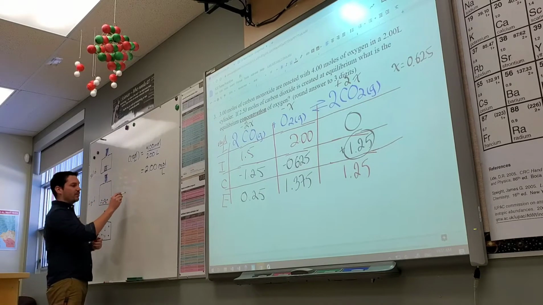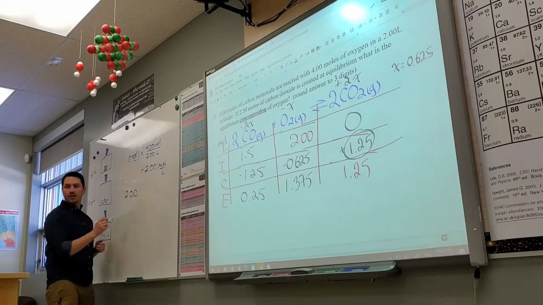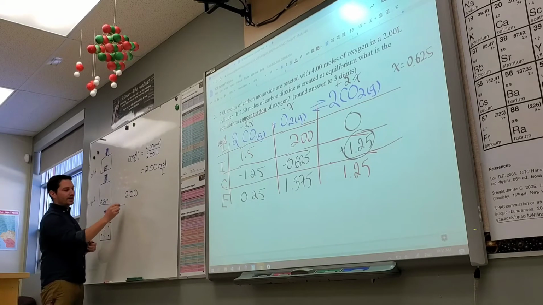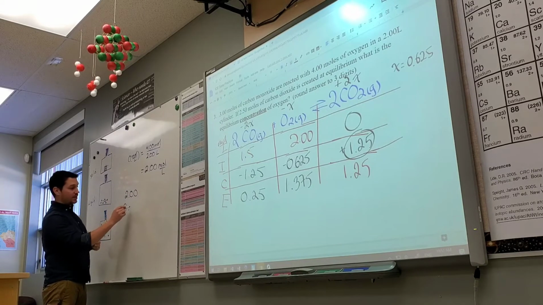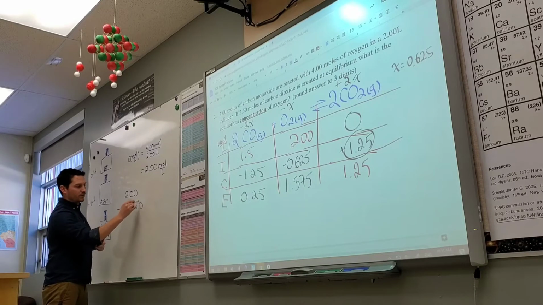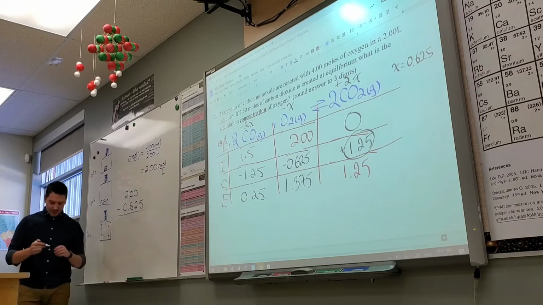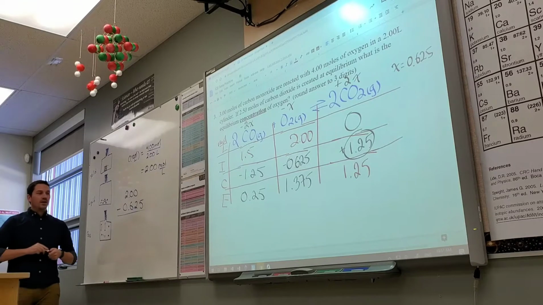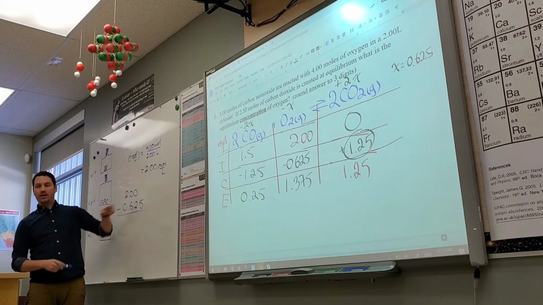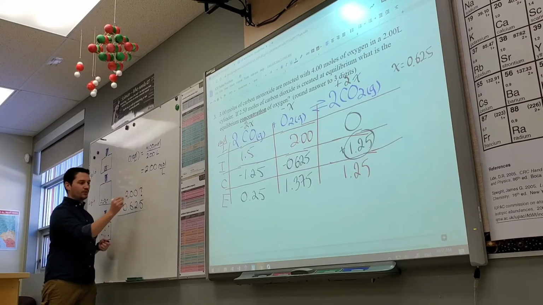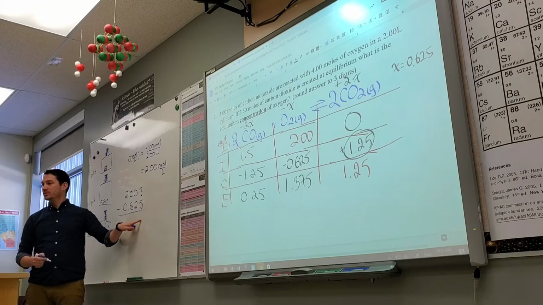I'm going to take my 2.00 and take away 0.625. So let's do this by hand. Who knows what minus 5 is? Do you know what that number is?